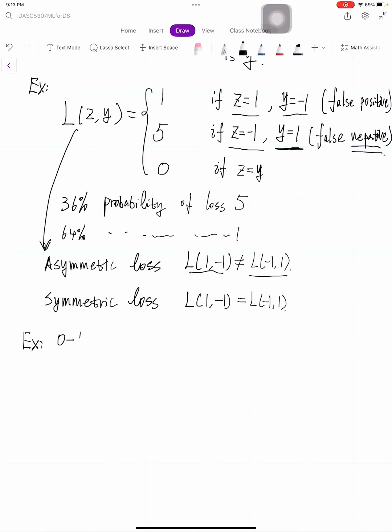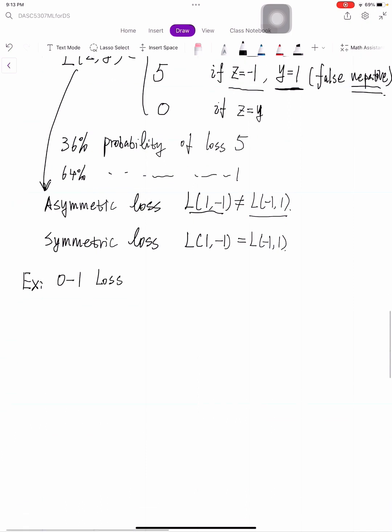So here I give you one example. There is one commonly used, if you do not have any preference on the false positive or false negative, we can use the 0-1 loss. If we correctly predict the label, we give 0 loss, and if we give the wrong label, we give 1. So this 0-1 loss function is called a symmetric loss function.